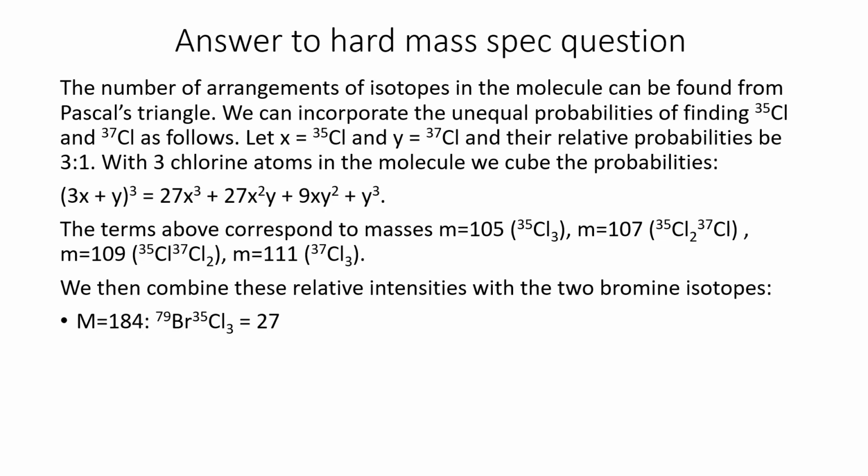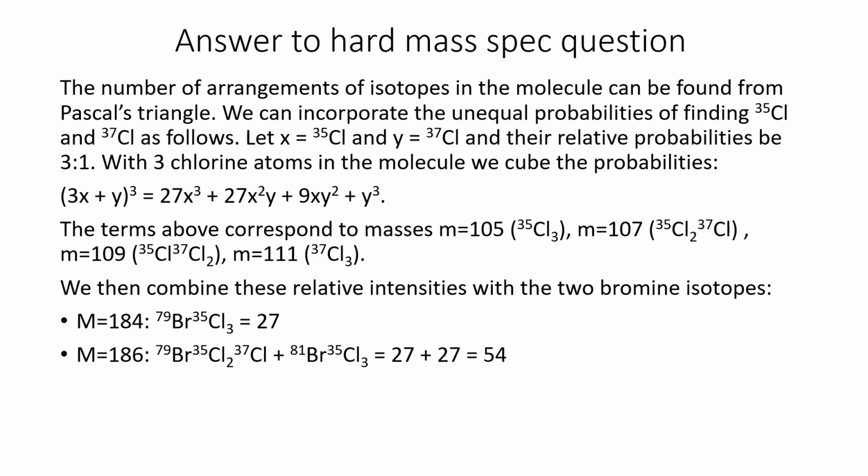The probability of this would be 27, so that's 27 out of 64 from the chlorine combinations, and we multiply that by 1, because the 2 bromines are equally likely. But you'll see when we look at the next mass, 186, there's 2 ways of doing this.